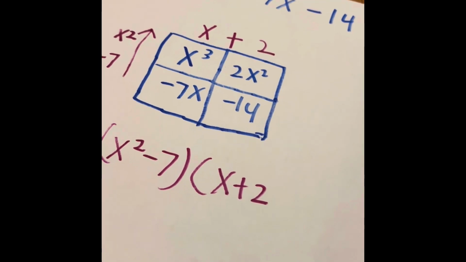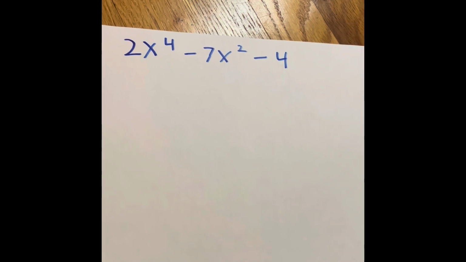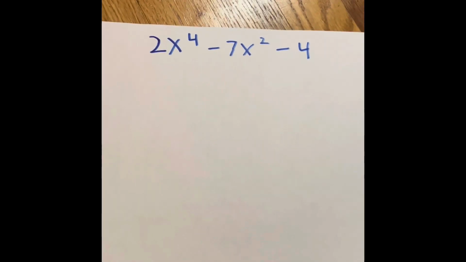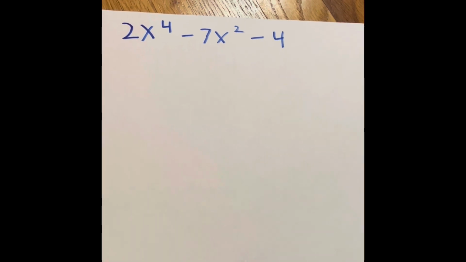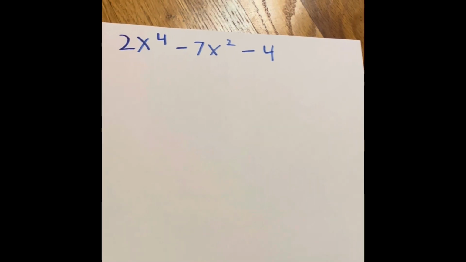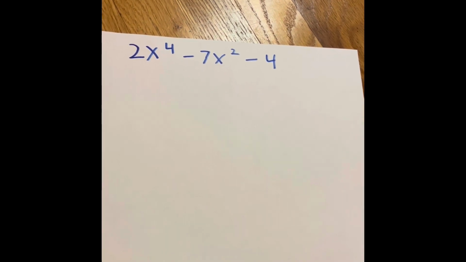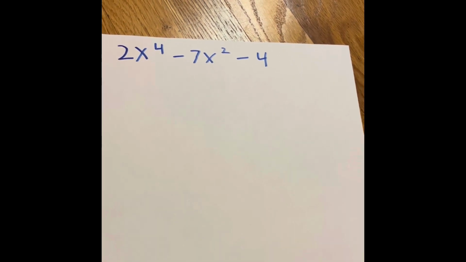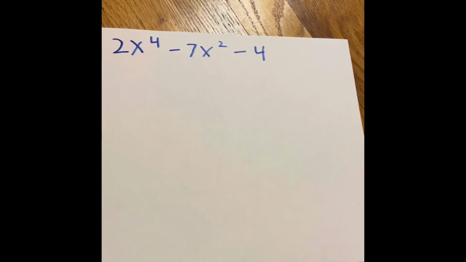But the box method has to be a rectangle or a square, and this time it only has 3 figures. What do we have to do? We have to make sure there's one more figure and see what happens. So, what can we do?